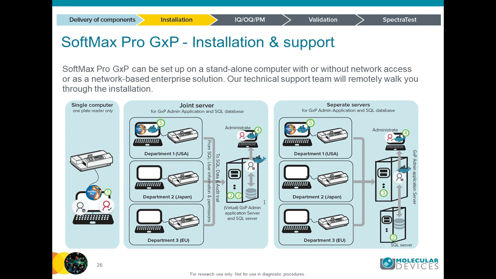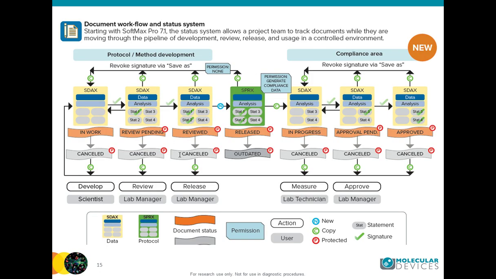Great, thank you. All right, your next question is about the autosave setting. What is the difference between SoftMax 6 and 7.1? So the difference is in 6.1, we did not have the workflow system. So the autosave setting is now tightly bound to the workflow. I basically went back to slide 15.